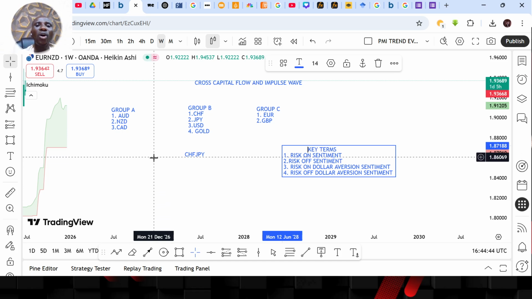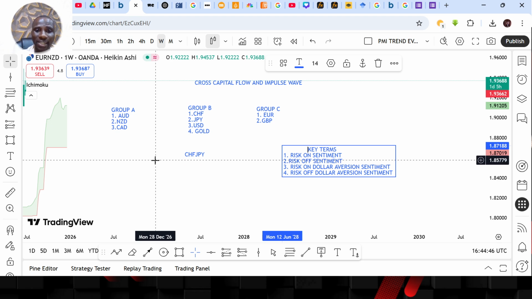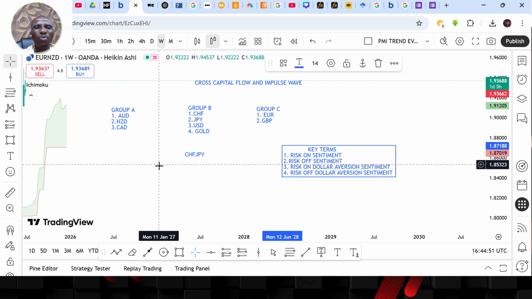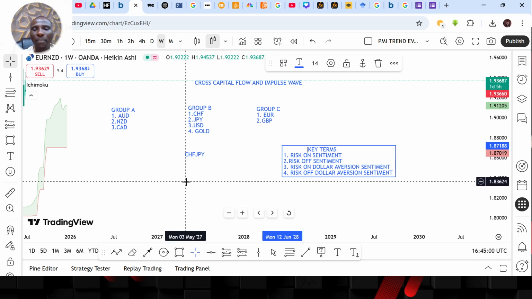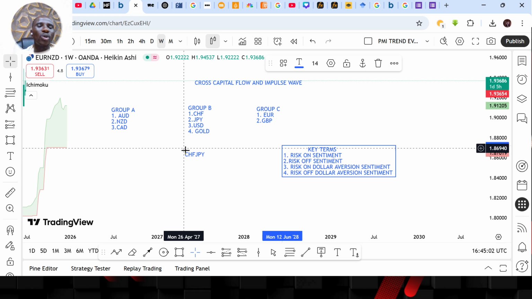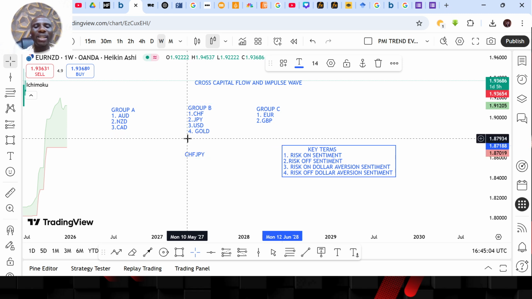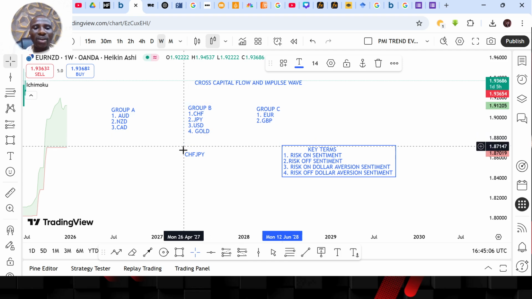All these currencies have their index, so you can look for the index of each of these currencies. There is a way we gauge it, and of course that is particular to the Potential Miners trading system. We know when capital begins to flow into a particular currency, and when it's flowing away from a particular currency.